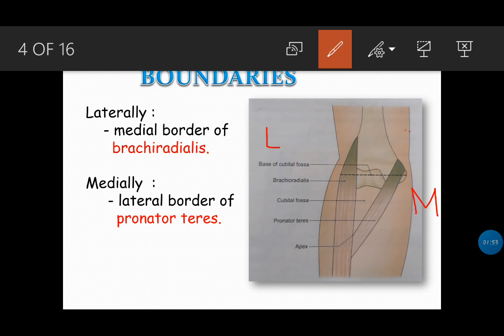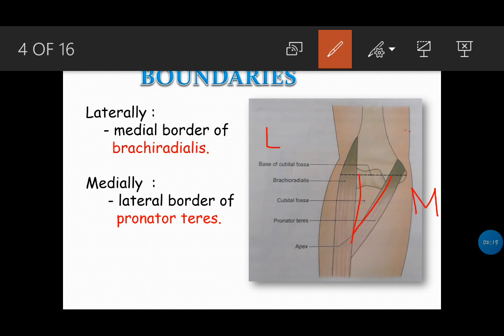So medially we have pronator teres, laterally we have brachioradialis, and when we talk about the limit of cubital fossa, medially it is limited by the lateral border of pronator teres muscle, and the lateral limit will be the medial border of brachioradialis muscle.